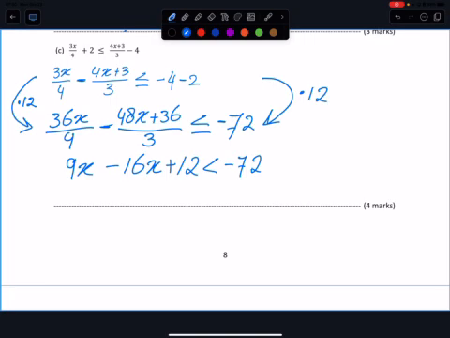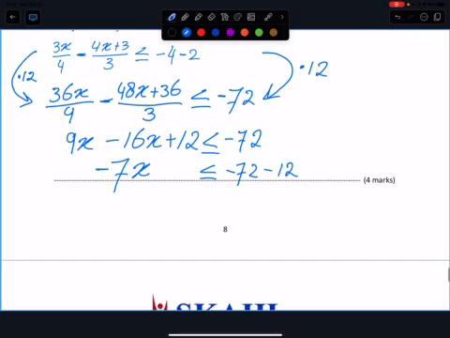You get 6, 3. 3 means 7. Minus 7x. 12 goes on the other side. Before.